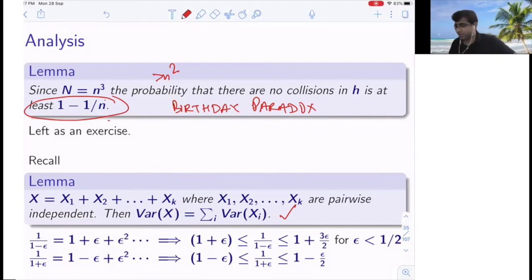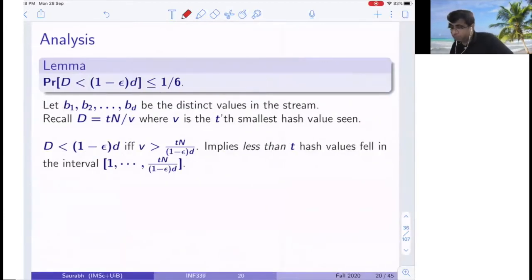You can look into the slides for this lecture, but these just follow from the Taylor series of 1 by 1 minus epsilon or 1 by 1 plus epsilon. Okay. So let's do the analysis of one side, and the analysis of the other side will be more or less the same.